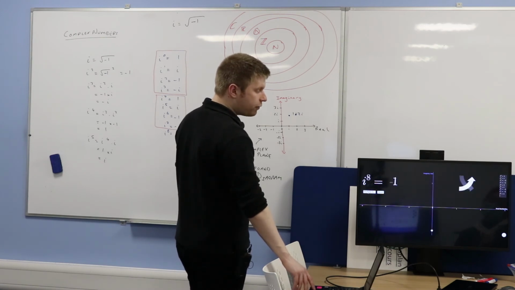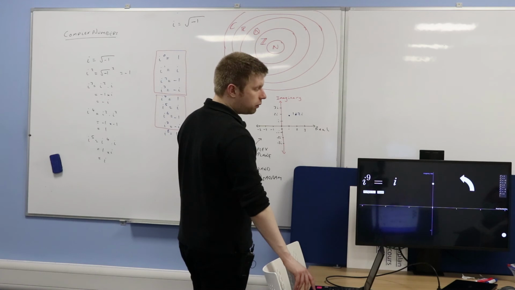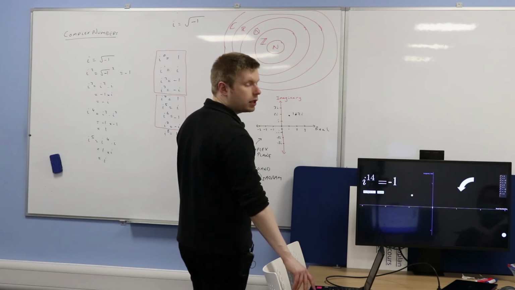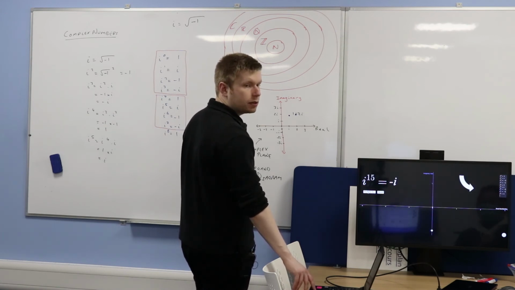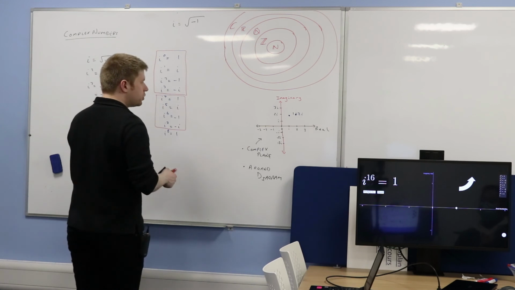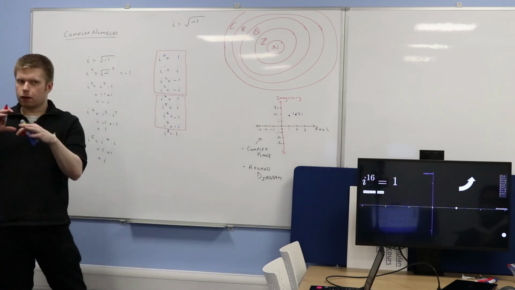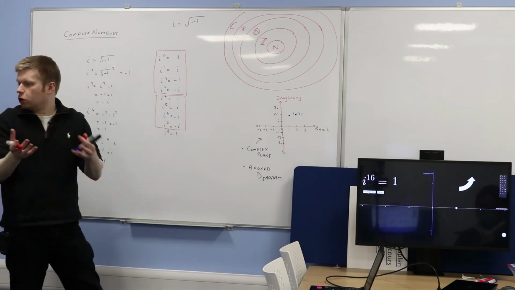Can you see, every single time we multiply by i, we are basically rotating through 90 degrees anti-clockwise. Does that make sense? So it's the first geometric idea which I want you to get in your head.